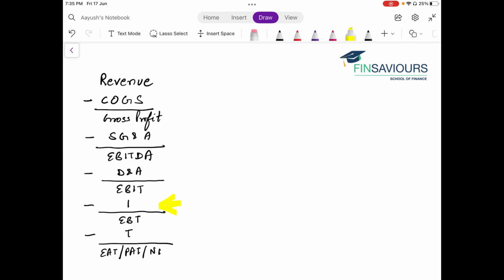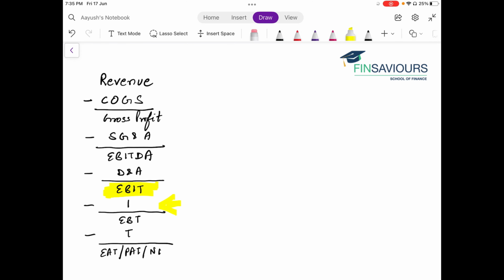But what are we computing? We are computing FCFF, free cash flow to firm. That means we have to take care of both debt holders as well as equity holders to be included, right? And that is the reason I start with EBIT, because at this level, this income is attributable to both debt as well as equity holders. Why?